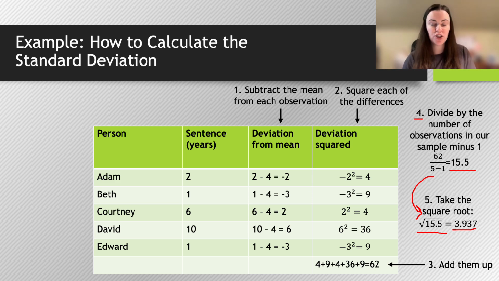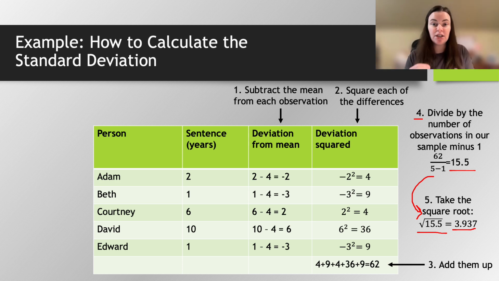And by having this result, we're now able to interpret that within the context of the problem. And so recall that Judge Knudsen's average sentence length was 4 years. And this means he deviates from that average in units of 3.937 years. So we would be able to measure, and this will come into play in our very next chapter with the normal distribution, just how different some of his outcomes may be.